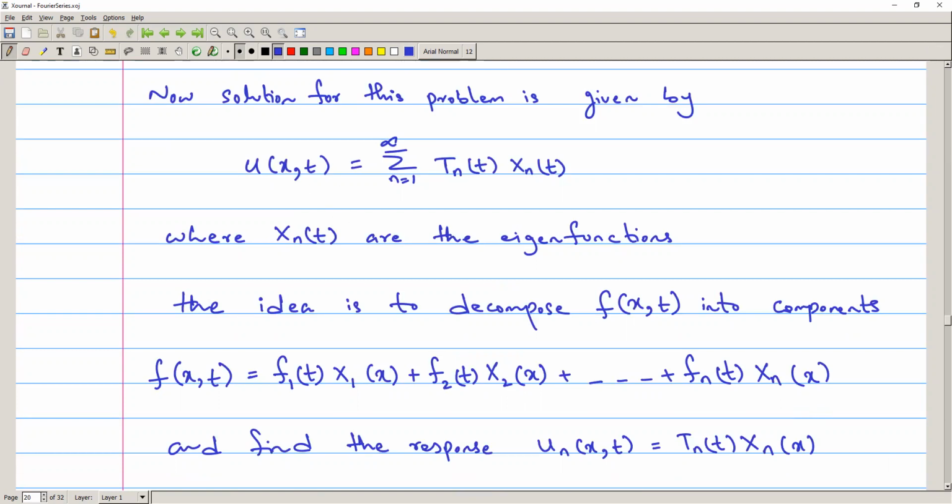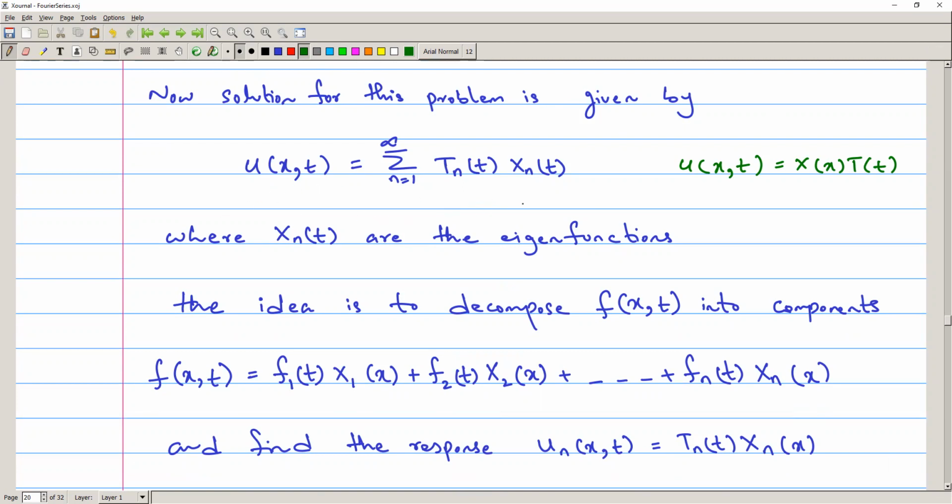So the solution for this problem, we learned that we start by assuming that u of x comma t is equal to some function of x times some function of t, right? And then we calculate eigenvalues for the problem, and then we generate the general solution.